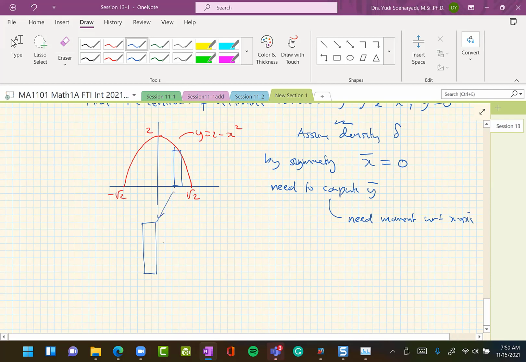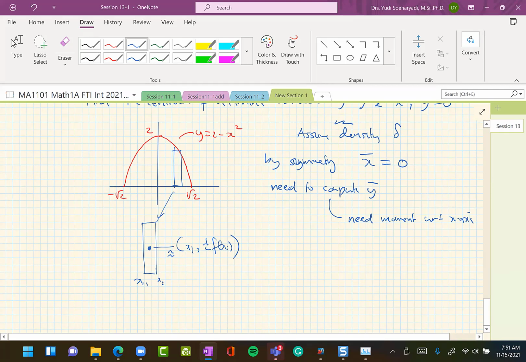So this is the sample, and this is the center of mass, the centroid of this sample. It is approximately at x_i and one half of f of x_i. So this is the center of mass.